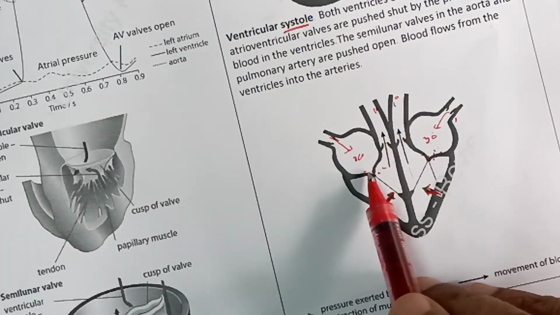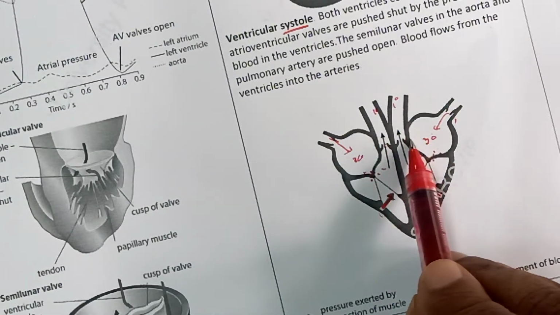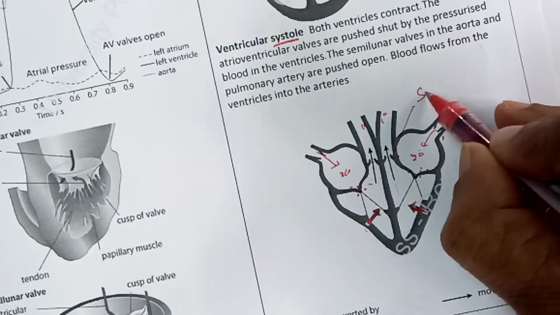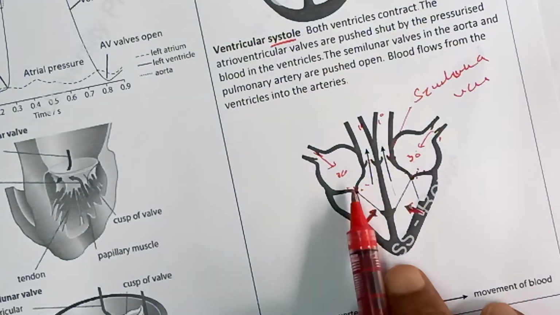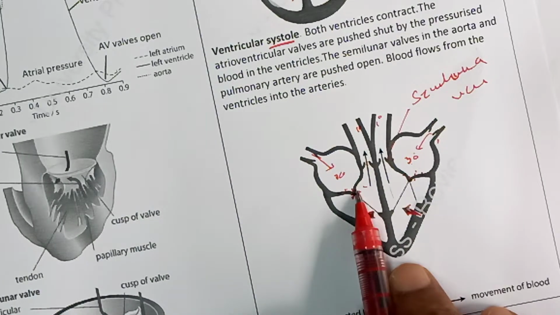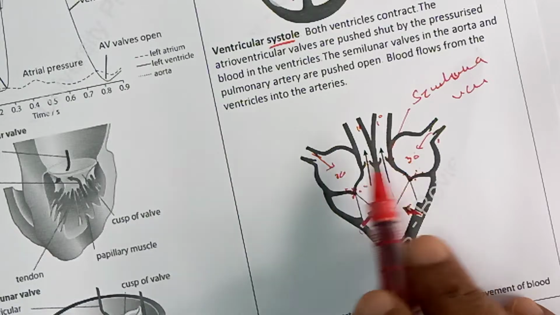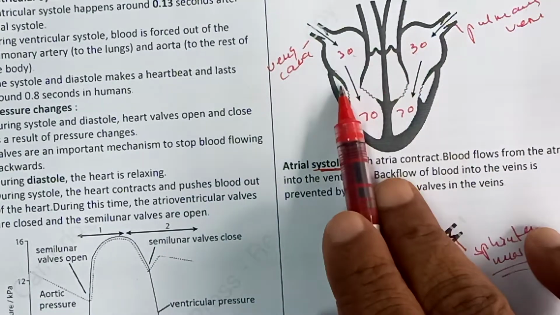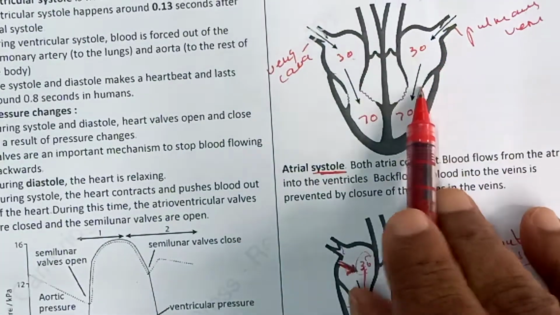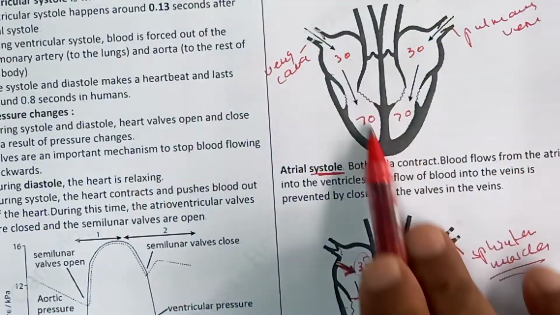As soon as the atrioventricular valve opens, this closes. This is the semilunar valve. As soon as the atrioventricular valve opens, this closes. And when these two close, this opens and continues to open, so the blood moves down. So more blood moves down.